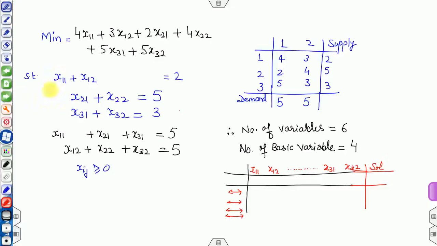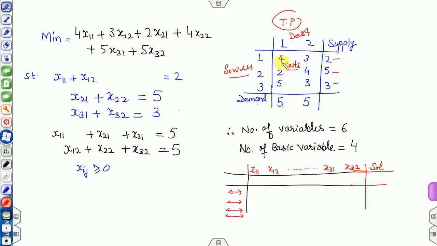Look at that. I consider this as a transportation problem, in which I have three sources and two destinations, and these are my costs. These are my supplies, the maximum supply, and these are the demands of the destinations. So what is the objective function?